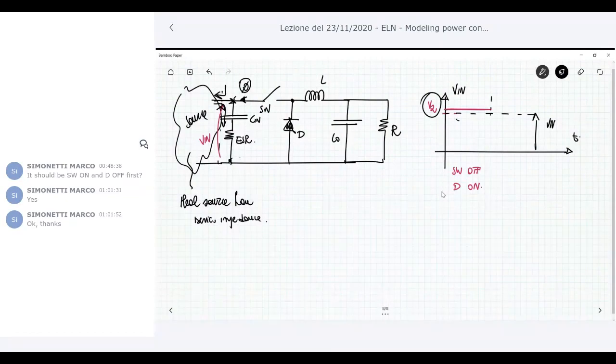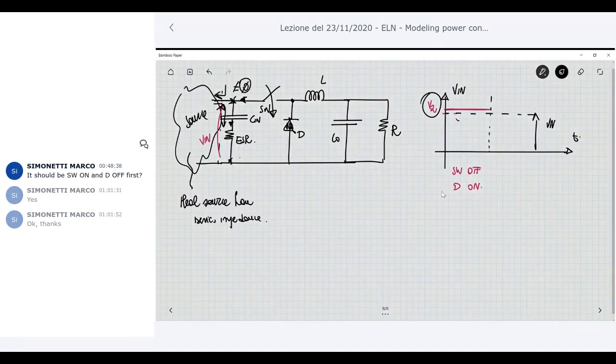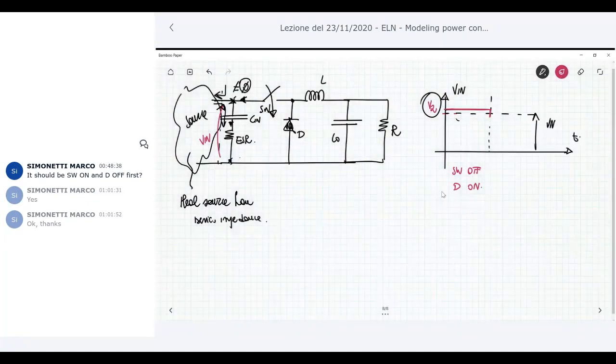Compare this situation to when the switch is closed. Now the current here is no longer zero, so there is a current flowing here. This current means that you have less current flowing through the C in capacitor. Due to the presence of the on switch, the current flowing to the input capacitor is a little bit lower, and so your input voltage is a little bit lower.